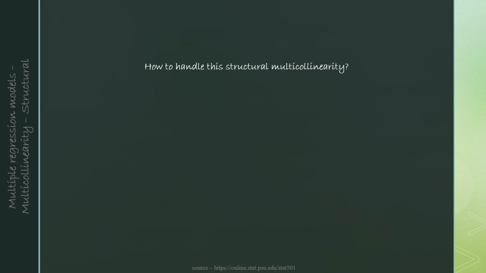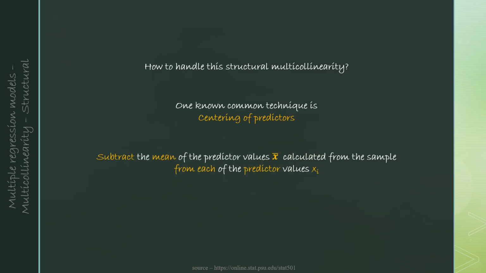How to handle this structural multicollinearity? One known common technique is centering of predictors. Subtract the mean of the predictor values, x bar, calculated from the sample, from each of the predictor values xi, such that we derive a new predictor x star, where x star equals xi minus x bar.